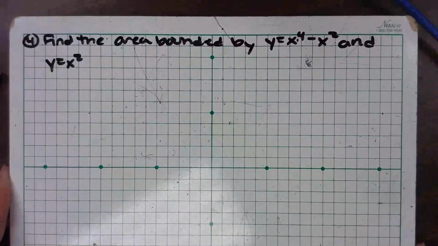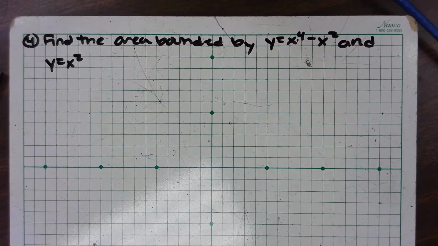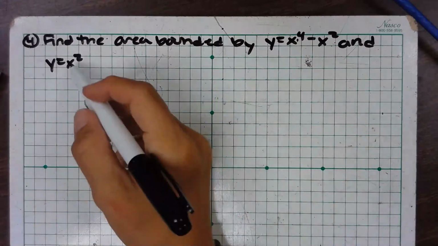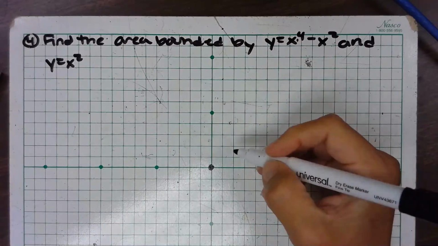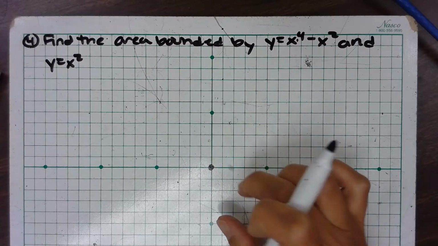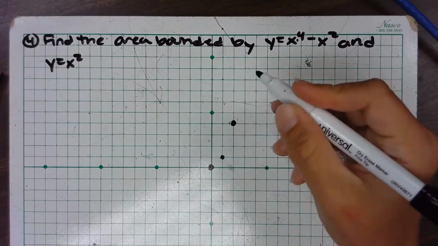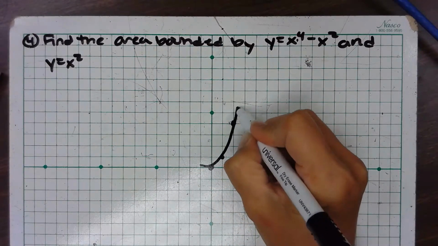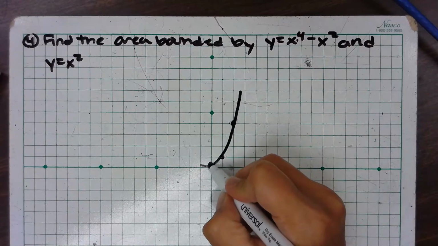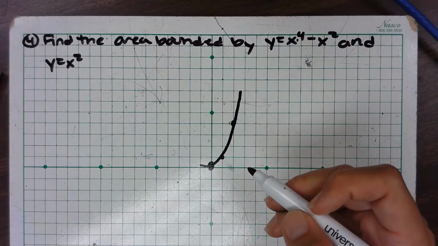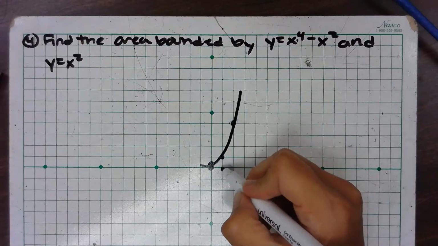All right, moving right along. Find the area bounded by, so I've got two different things right here. Okay, so this one's not too bad. This is the function, okay, 0, 0, 2, let's see, 1 is going to be 1 squared, 2 is 4, okay, and so forth. So it goes something like that. Now this one's a little different. 0 is 0, 0, okay, 1 takes us back to 0.